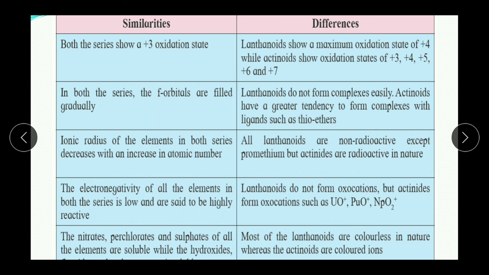And what are S block elements? They are alkali metals and alkaline earth metals. So, both of them have very less electronegativity. Like that, lanthanides as well as actinides also have less electronegativity and they are highly reactive like S block elements.